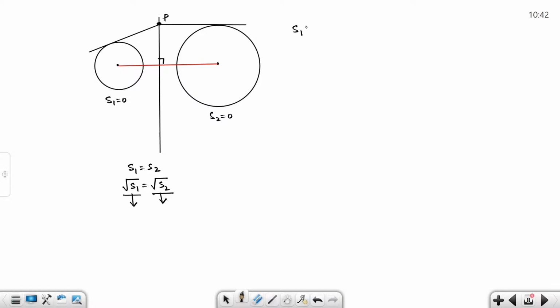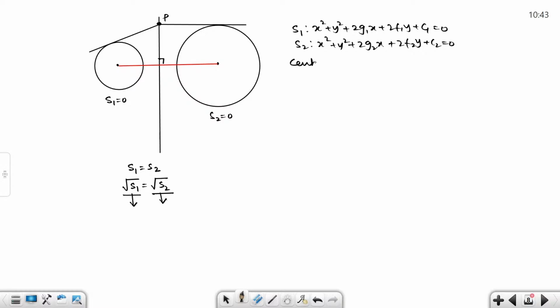Let us say S1 is the equation of the first circle, and the equation of the second circle is S2. Now what is the center of the first circle?